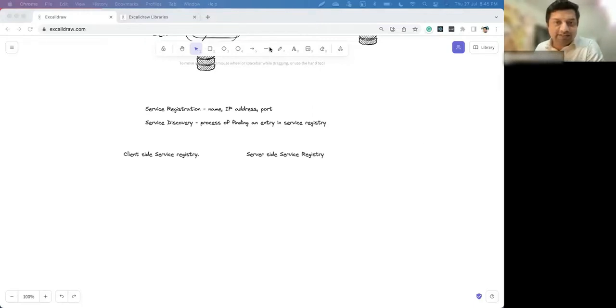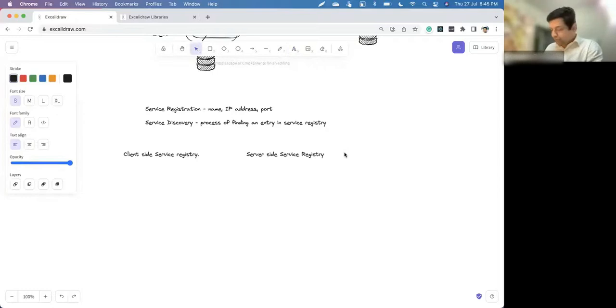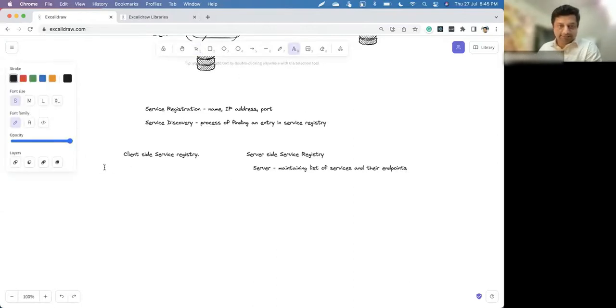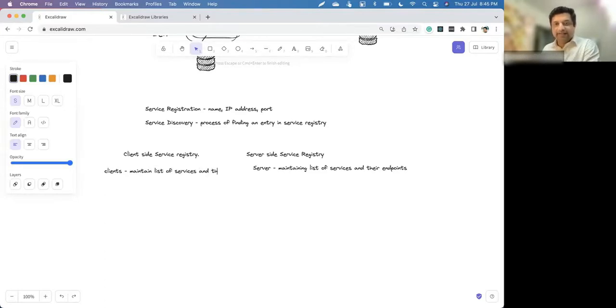The difference between them is that in the server-side one, there is a server which is responsible for maintaining the list of services and their endpoints, right? In the client-side one, it's the client's responsibility to maintain the list of services and their endpoints, right?